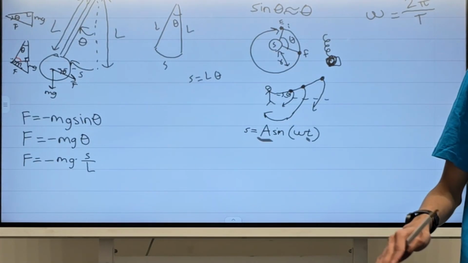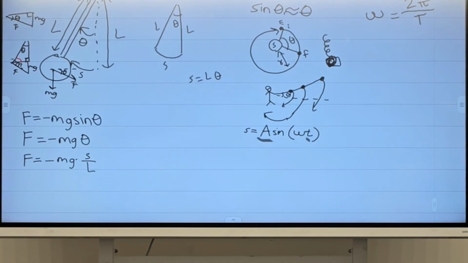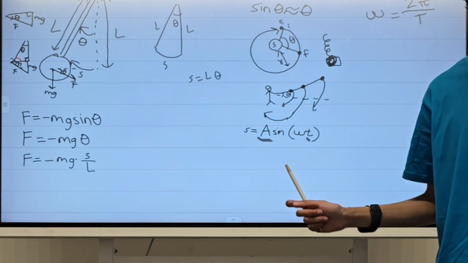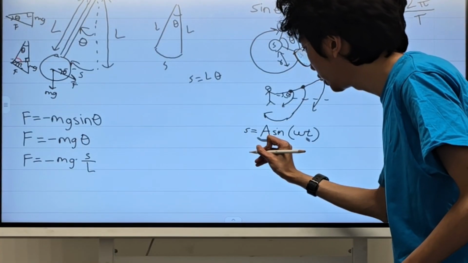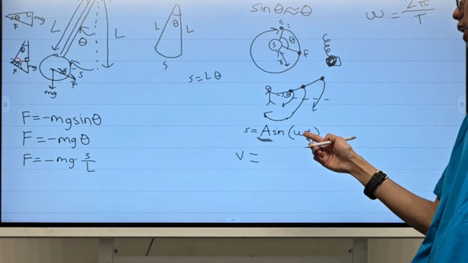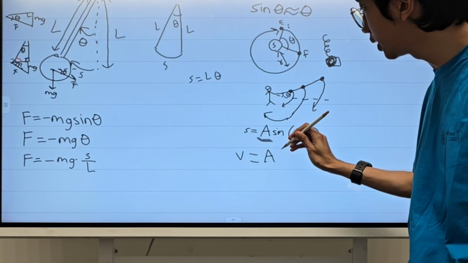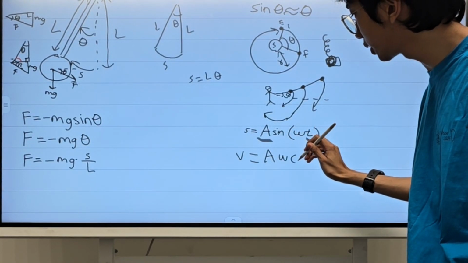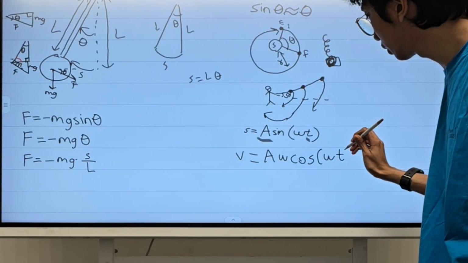This is where all the complicated part ends, and from here it's just mathematics, no more physics. Let's differentiate this to get velocity. Differentiation time. V is equal to, you differentiate this, what do you get? You take the omega outside, we get A omega cos of omega t.